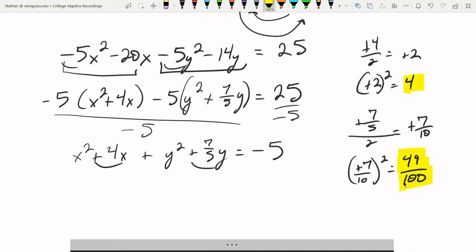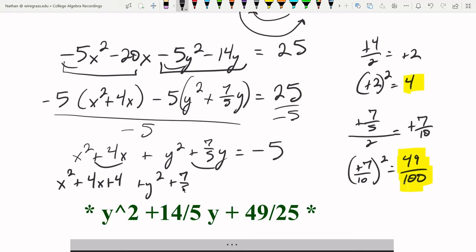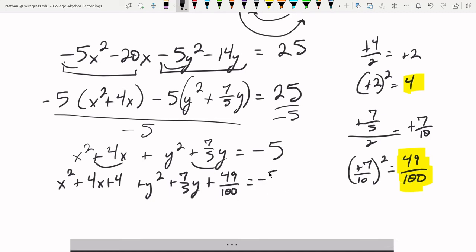The positive 4 and the positive 49/100ths. So we're going to get x squared plus 4x plus 4, y squared plus 7/5 y plus 49/100ths equals negative 5 plus 4. I added 4 to this side, so I need to add 4 to this side. That's where this first one came from.